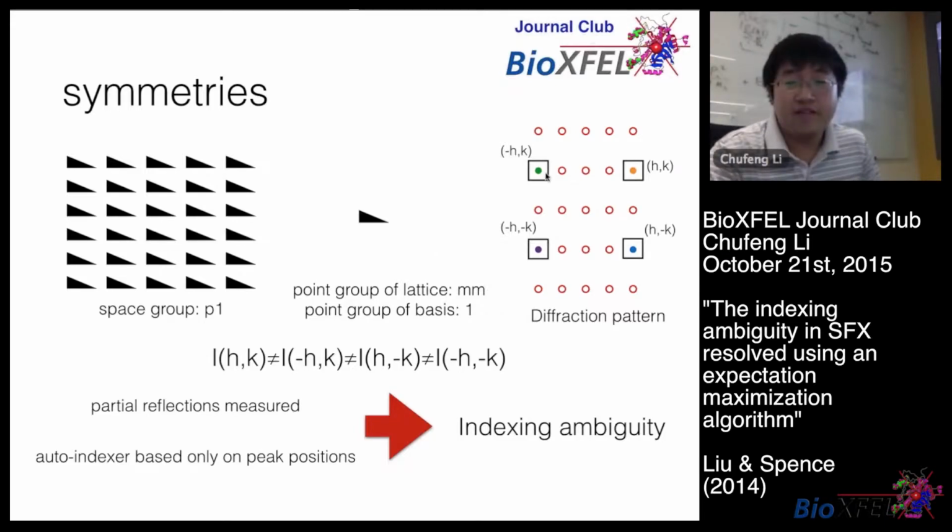In this case, in the diffraction pattern, although the positions of the four black spots do not change, the intensities are not equal. Also, in SFX, only partial reflections are measured, and as we said, the auto-indexer works based on the peak positions, not the intensities. So without additional information, we have this indexing ambiguity problem. We don't know, for example, in these four reflections, which is which, judging only from the positions of the black spots.